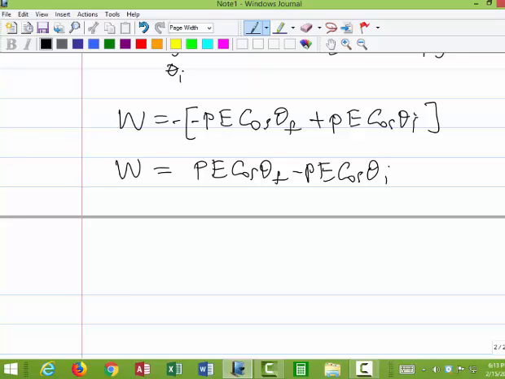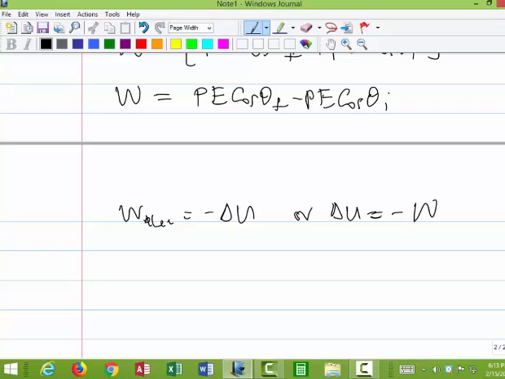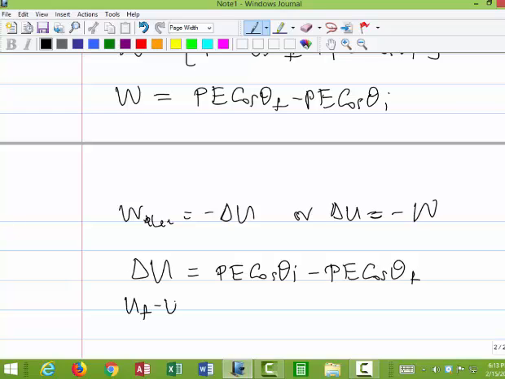We also know that the work done by the electric field, W electric, is equal to minus delta U, or you can write it the other way around: delta U is equal to minus W. It's the same thing. We used this last time. So delta U, the change in potential energy, is equal to minus W, which would then be PE cosine theta I minus PE cosine theta F. And we can say delta U is equal to U final minus U initial.